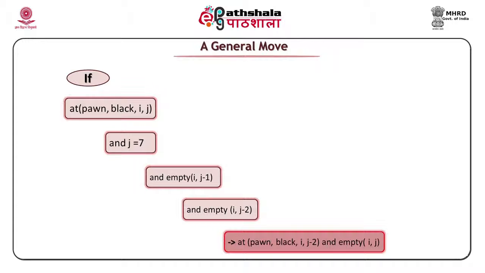It says that the next block is empty. Not only that, next to next also is empty, empty i, j minus 2. Then you can say that pawn black i, j minus 2, you just move the pawn 2 steps further, and where earlier the pawn was, that place is blank.